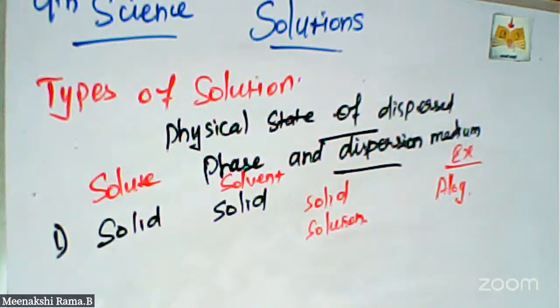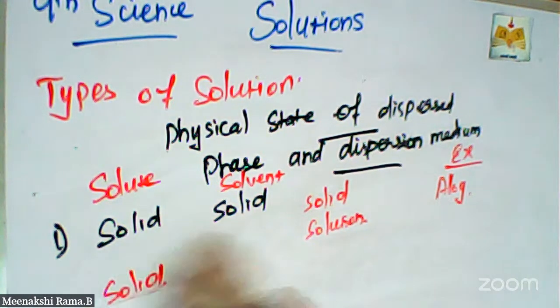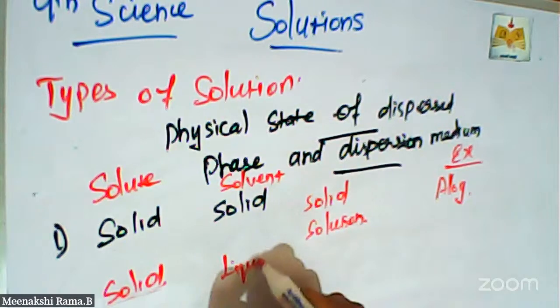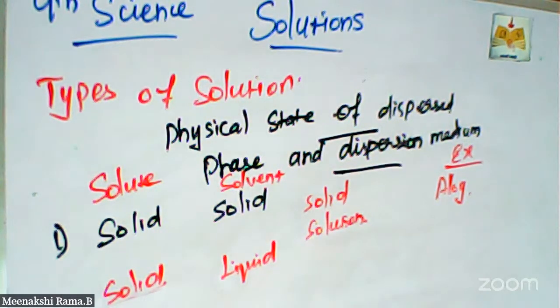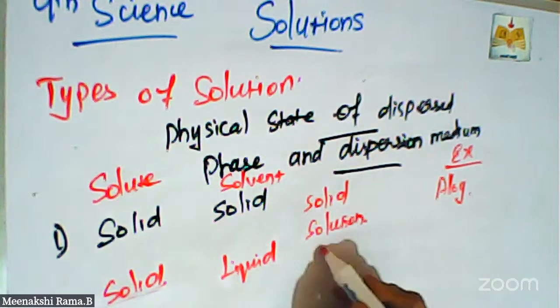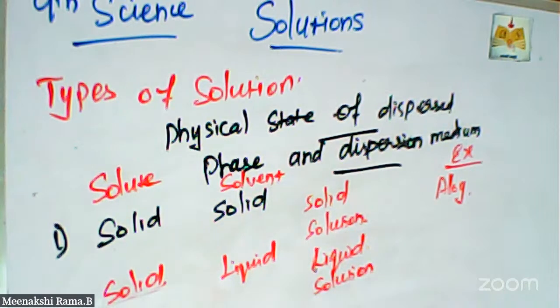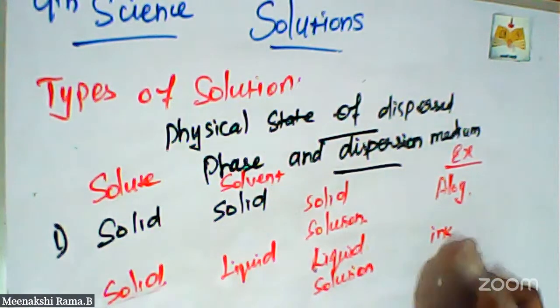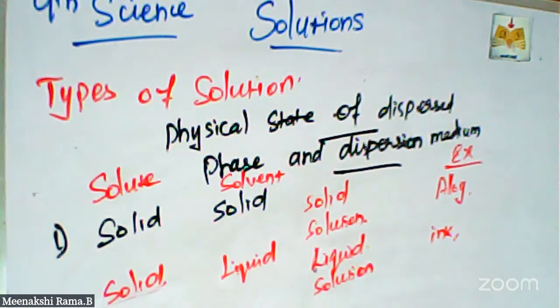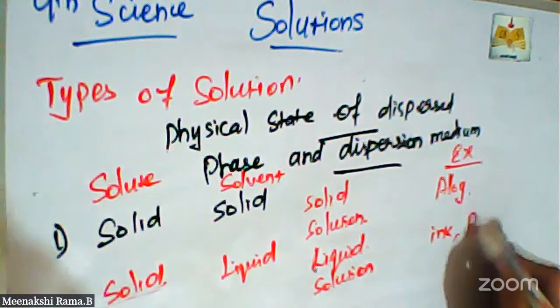Okay, next one is solid and liquid. Solute is solid and solvent is in liquid nature. It is called a liquid solution. What are the examples? We use ink; ink is the best example, and then paints.